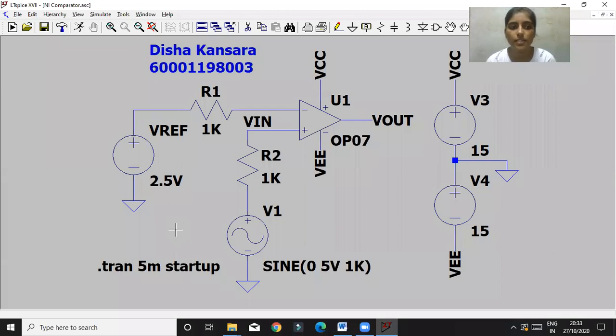My input is given to the non-inverting terminal, where I applied a sine wave with an input of 5 volts and a frequency of 1 kilohertz. My Vref voltage is 2.5 volts, and I applied VCC and VEE of plus and minus 15 volts, and we check the output.